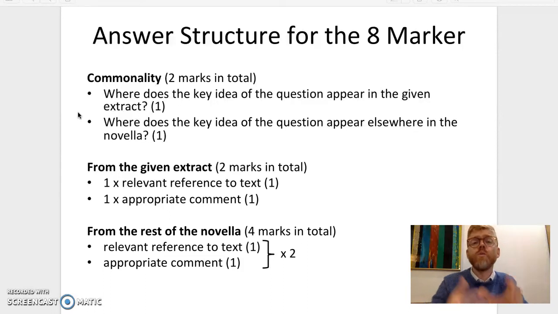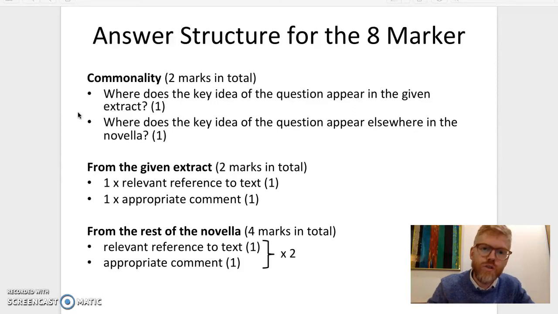You don't have to quote, you shouldn't quote at this point in your answer, but just describe a place where it appears in the extract that you're given. That would get you 1 mark. And then for another mark, where does this key idea appear elsewhere in the novella? That would get you a 2nd mark.